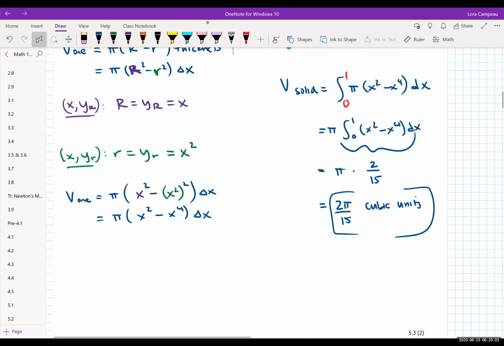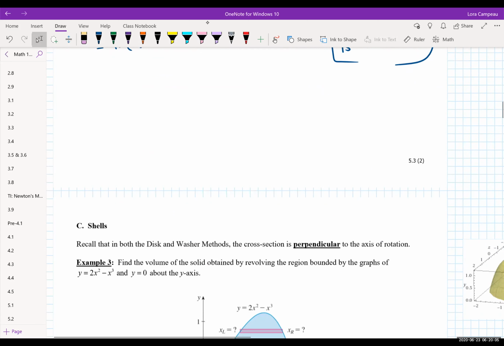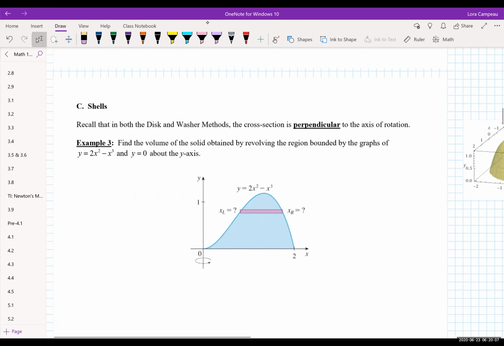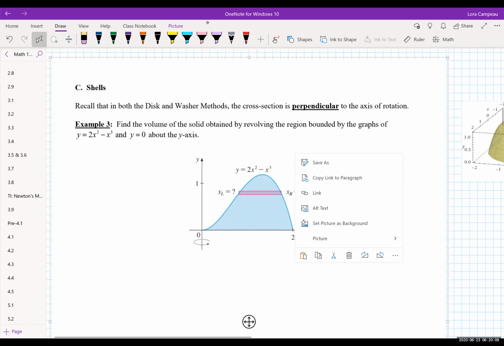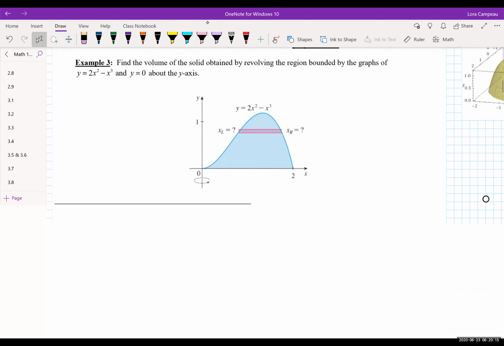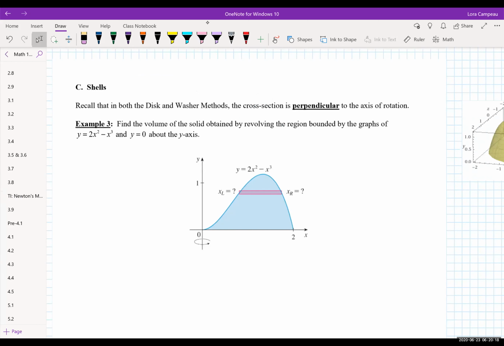I'm going to start looking at the idea of why we might want to use shells. So the idea of reviewing the two methods before we started on the actual content of this section is to remind ourselves that the cross sections that we were taking were always perpendicular to the axis of rotation. So that was the key.